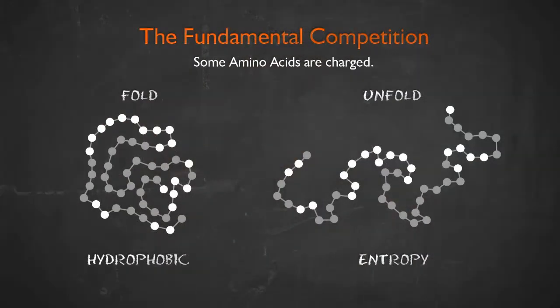So with this as context, this picture right here is a toy model of a protein chain. So this protein chain has on it black dots and white dots. And for the sake of argument, let's say that the black dots are hydrophobic. So these are amino acids which don't like water, whereas the white dots are amino acids that do like water. So if I show you this string, then the question is, what's going to happen to the string?